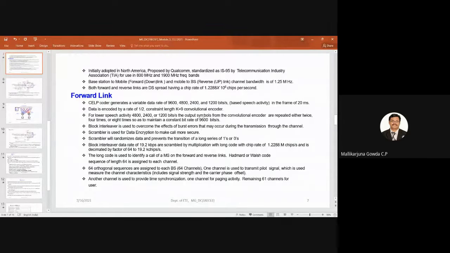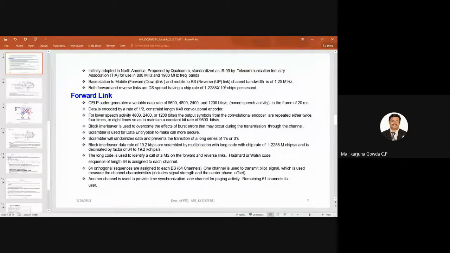For lower speech activity, that is at 4800, 2400 and 1200 bits per second, the output symbols from the convolutional encoder are repeated. For 4800, it is repeated twice. For 2400, it is repeated 4 times. For 1200, it is repeated 8 times.